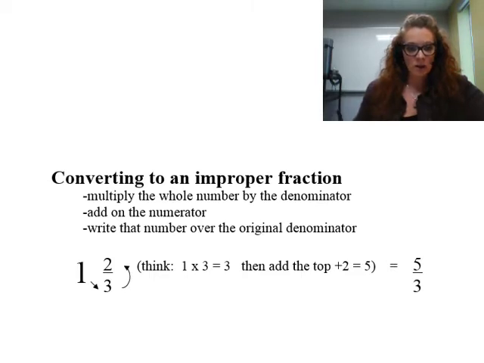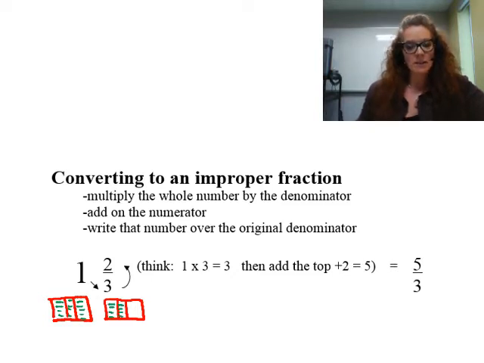So let's just draw a quick little picture of this. 1 2/3, I'm going to draw a chocolate bar, it's red, don't judge me. And I'm going to draw that same chocolate bar. Okay. So the 1 would mean that we have all 3/3 of our chocolate bar filled in, and the 2/3 would mean that we only have 2 of those thirds.